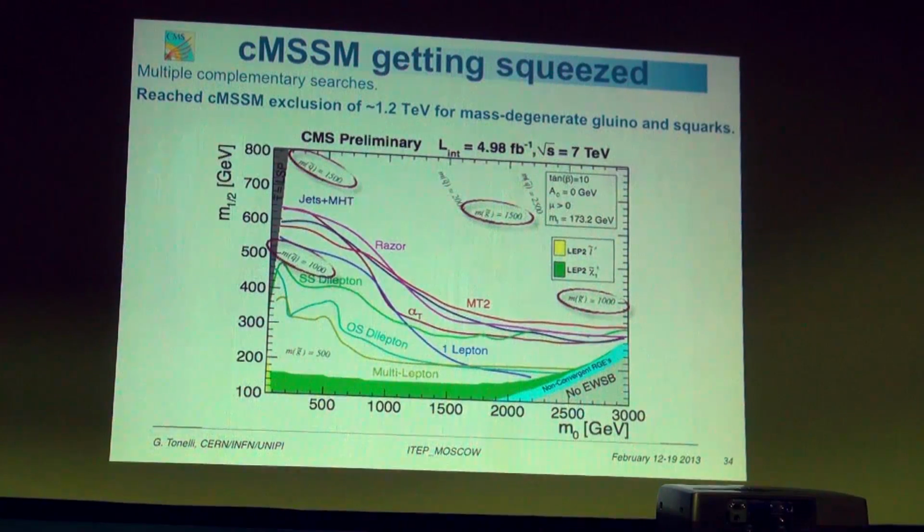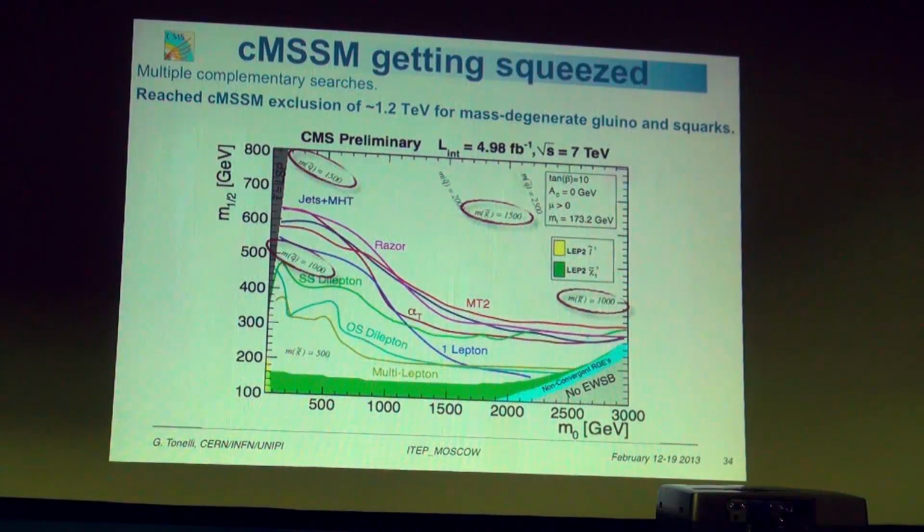This is basically the summary of all the analyses. You see, the names here correspond to different tools that have been used, different variables used to study the constrained minimal supersymmetric model in CMS in this particular case. You see, the lower sensitivity are multi-lepton, dilepton, one lepton. Higher sensitivity are fully hadronic, basically.